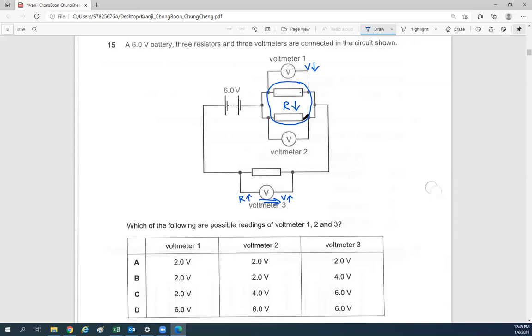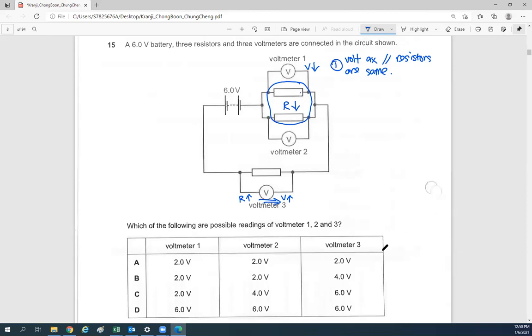So I know that this voltage will be smaller than this voltage. Next thing, this voltmeter and this voltmeter will give me the same reading, because voltage across parallel resistors is the same.